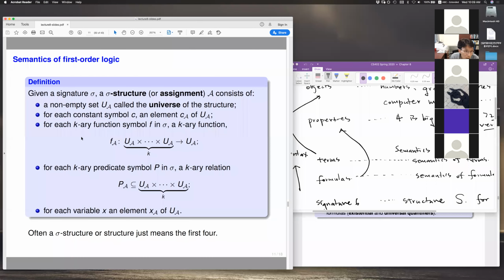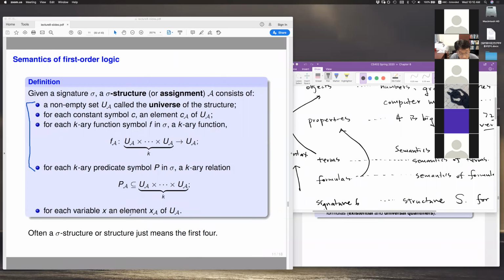Typically, in the usual description of logic, when people talk about a structure, they mean these first four elements. But in the lectures, James wanted to simplify things a little by adding one extra component to the structure: in this course, we will also assume that the structure provides the meaning for every variable.